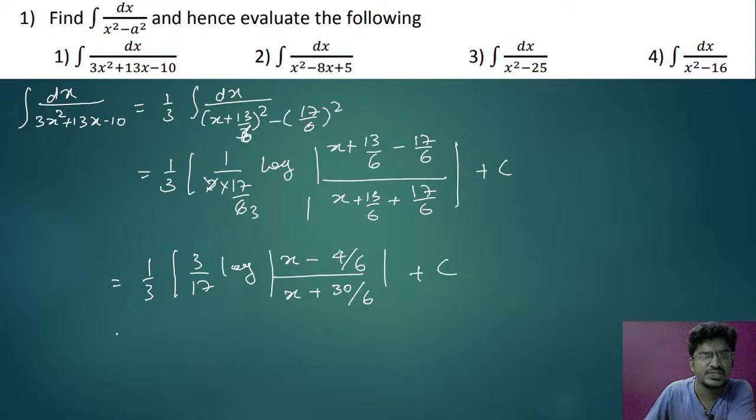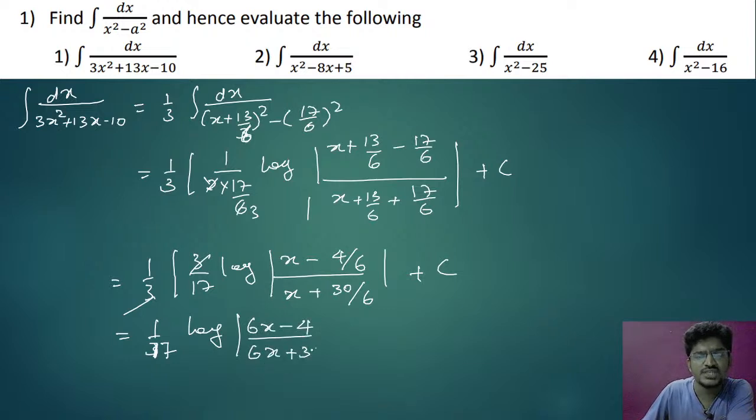Now take LCM and simplify. 3 will get cancelled. So 1 by 17 log of mod of 6x minus 4 divided by 6x plus 30 plus c. Clear? So this is your answer.